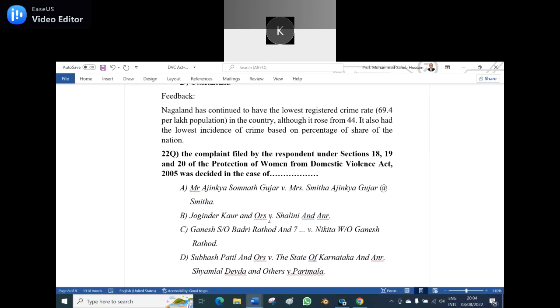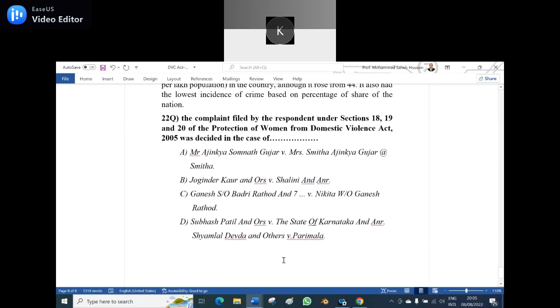Option B, Joginder Kaur and others versus Shalini and another. Option C, Ganesh, son of Babri Rathod and 7 others versus Nikita, wife of Ganesh Rathod. Option D, Subhash Patel and others versus the State of Karnataka and another. Shamlal Devda and others versus Parimala.